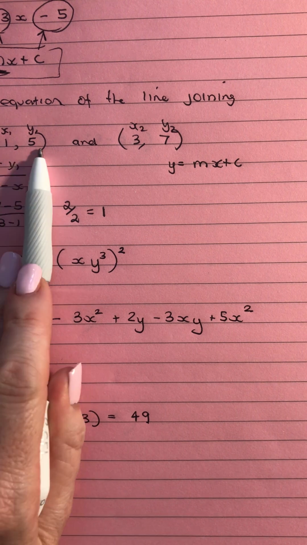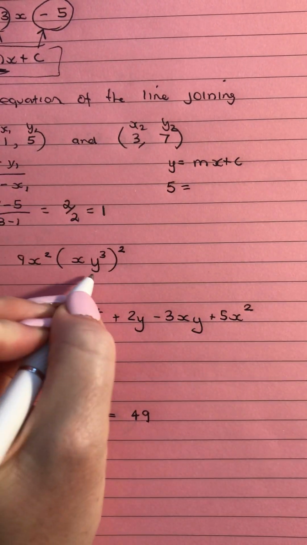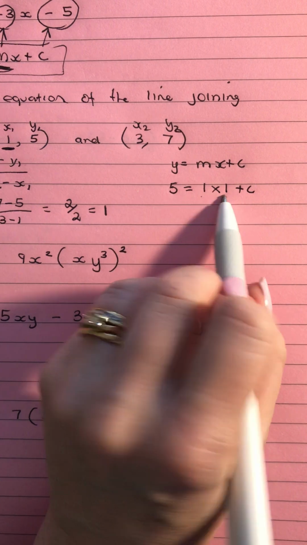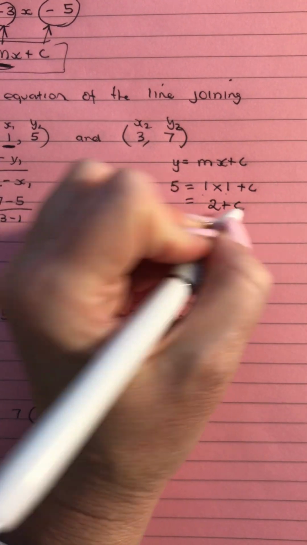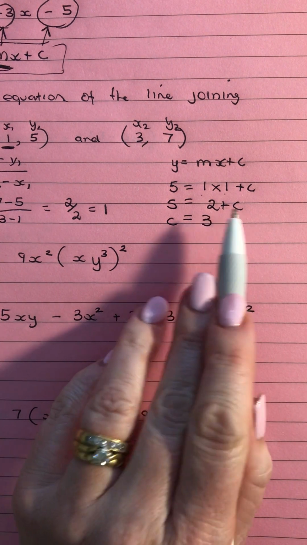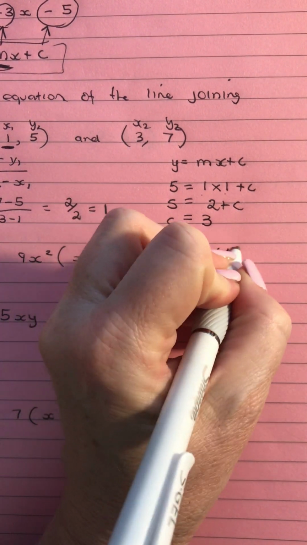So my x is 1, my y is 5. So I'm going to write 5 is equal to my gradient 1 times 1, because my x value was 1, plus c. 1 times 1 is 2. So I can say that c must be equal to 3. 2 plus 3 will give me 5. So my equation is y equals x plus 3.